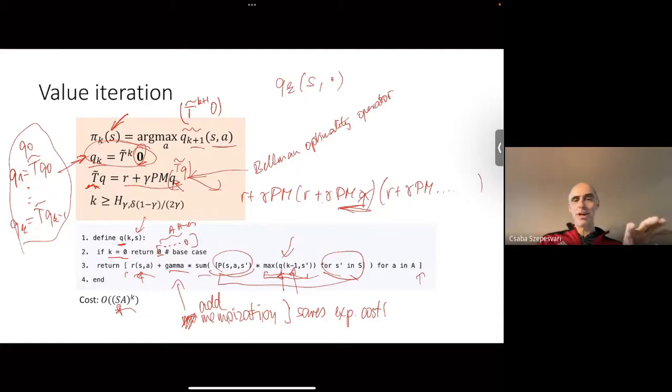Because if you just insist on this way of implementing value iteration, then if you have a large number of states, that's gonna kill you. And this may be better. And of course, if you add memoization on top of any of these routines, then that can only be the best of the two, right? Like the best of both worlds.